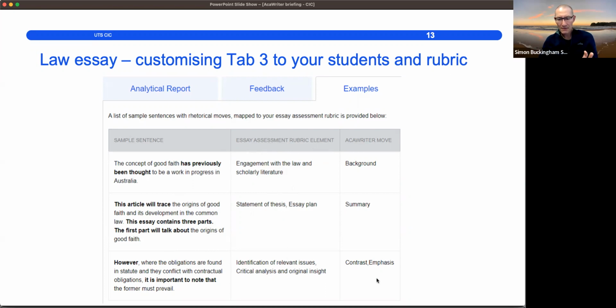Okay, so we're making very clear to the student that AcaWriter is relevant given the assessment rubric. And here are some examples of how to make moves like that in the context of law, right? "This article will trace the obligations found in the contract," right? They're all law examples. They're not social work examples or architecture examples. Okay, all right.